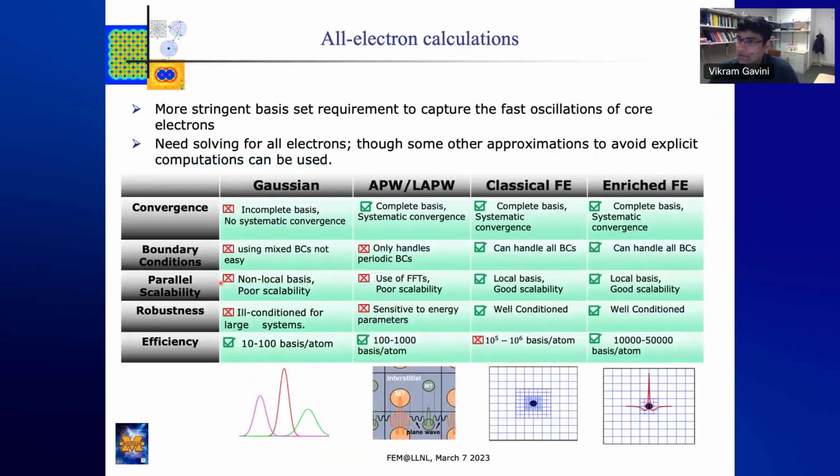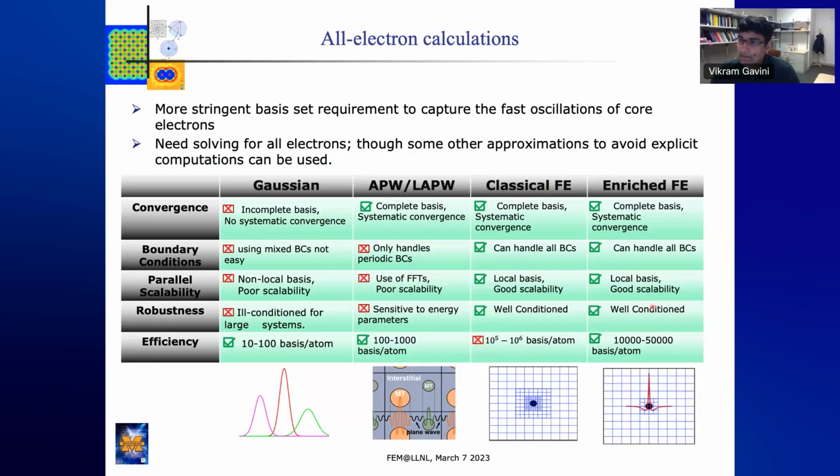And so far, I talked about pseudopotential calculations, but the finite element basis can also be advantageous for all electron calculations as well. But the key aspect about just using a classical finite element basis for all electron calculations is that the number of basis functions that you need is very large, again 10 to the power 5 to 10 to the power 6, despite using higher order finite elements.